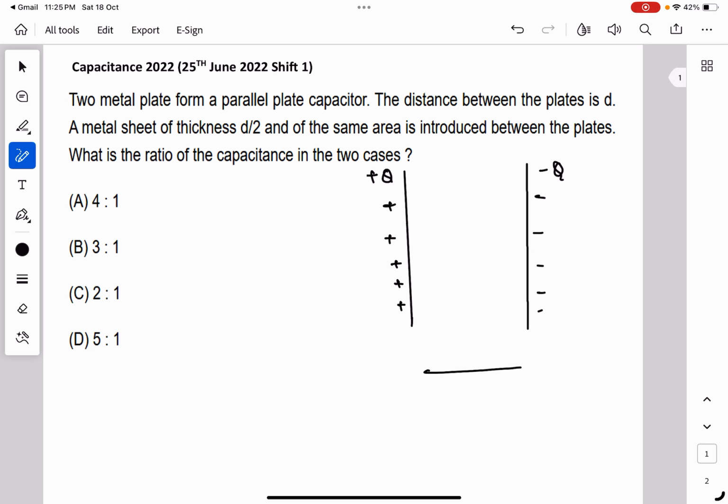The distance between the plates is d. Let us say the area of the plates is A. Therefore, the capacitance of this parallel plate capacitor C would be equal to epsilon naught A upon d.